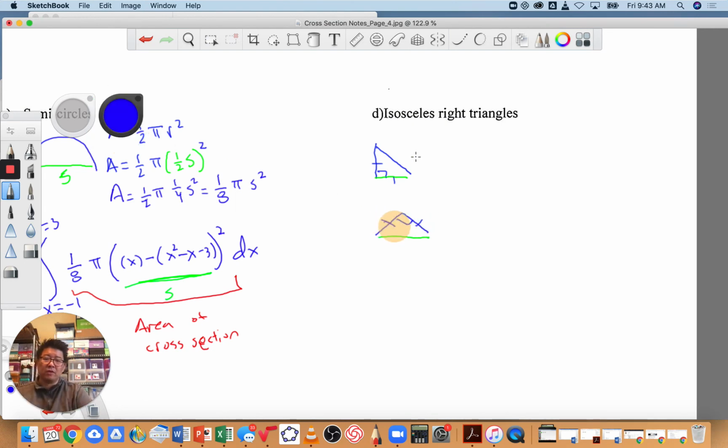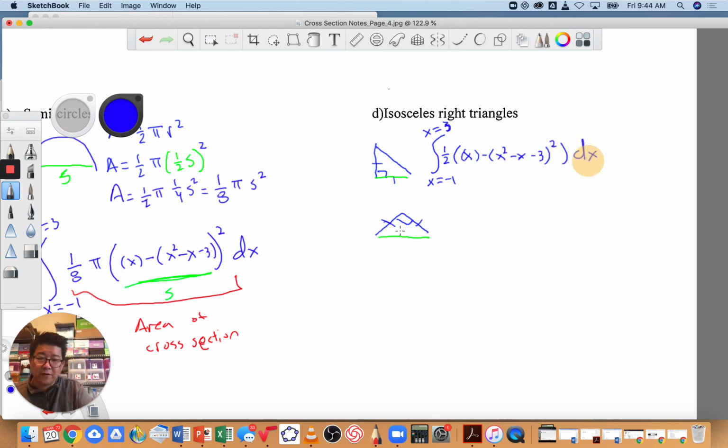Okay, so for this one, we're just going to cut to the chase. We already know the area formulas first, so we're just going to use them. It'll be from x equals -1 to x equals 3, and then the area is going to be, what was it, 1/2 base times height. So this will be 1/2 s squared, x minus x squared minus x minus 3 squared dx.